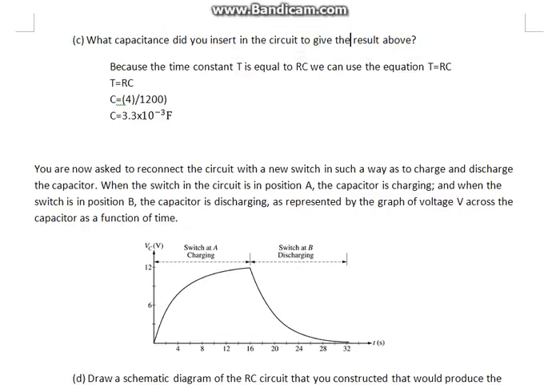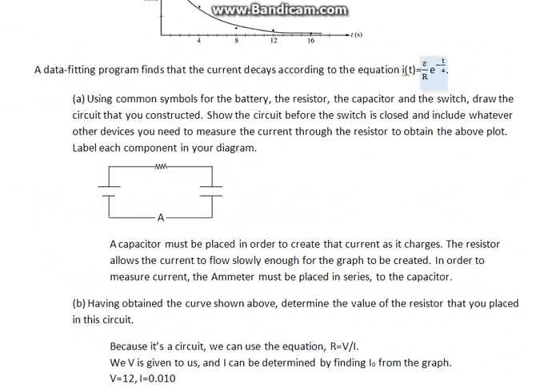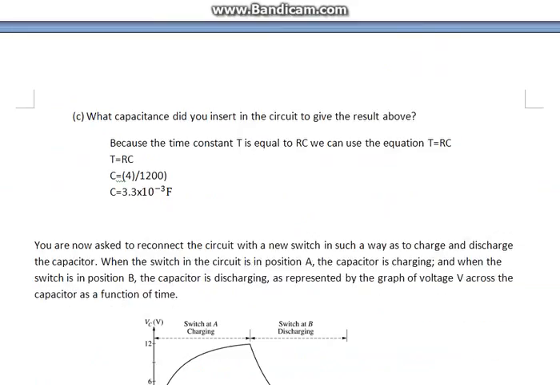What capacitance do you enter into the circuit to give the result above? Because the time constant tau is equal to RC, and the time constant here is 4, we take the equation tau equals RC.